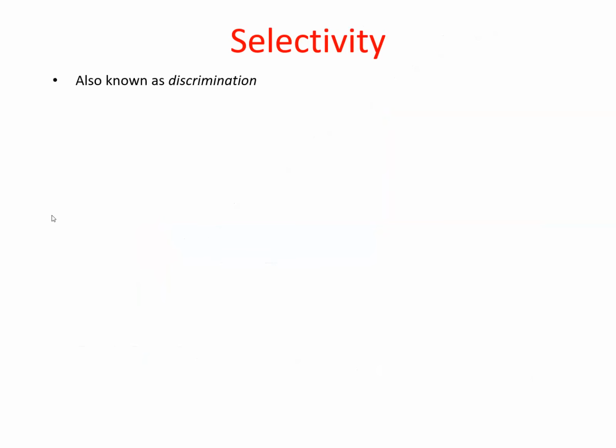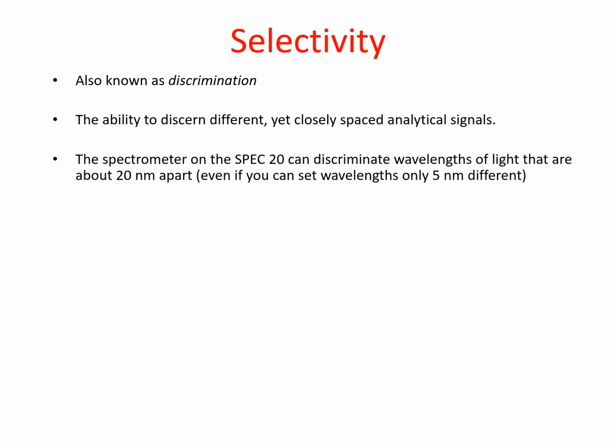Selectivity is also known as discrimination. What does it refer to? It's the ability to distinguish different yet closely spaced analytical signals.